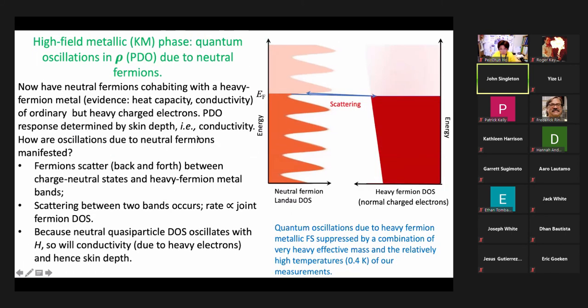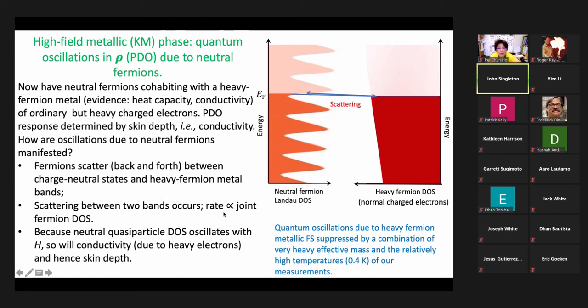Same sort of thing in the high field metallic state, the Kondo metal phase. Now we have a big density of states on the right due to the heavy fermions, the normal charged electrons with a big effective mass. We still have the neutral fermion Landau levels on the left here, and you're getting scattering between them. So fermions scatter back and forth between the neutral states and the heavy fermion metal bands.